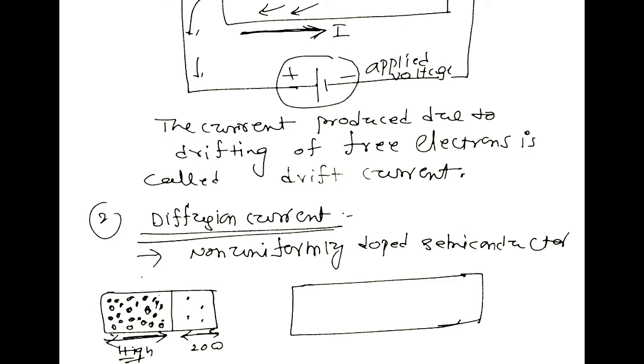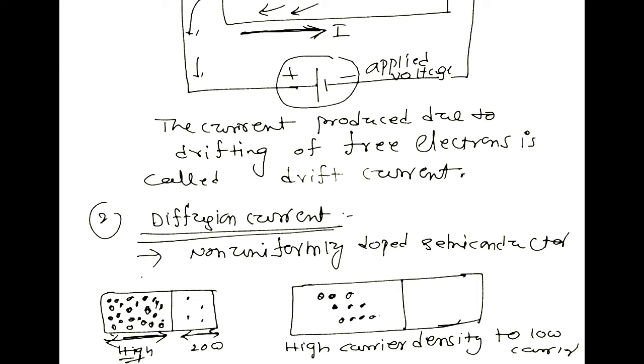The electrons move from high carrier density to low carrier density, and the total distribution will become uniform.